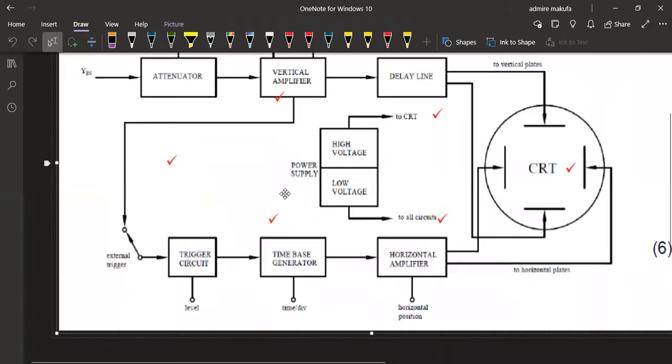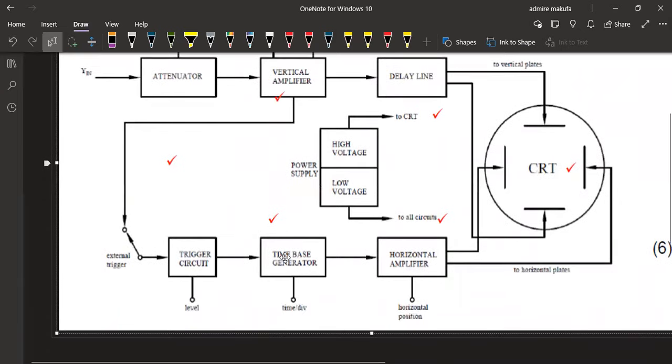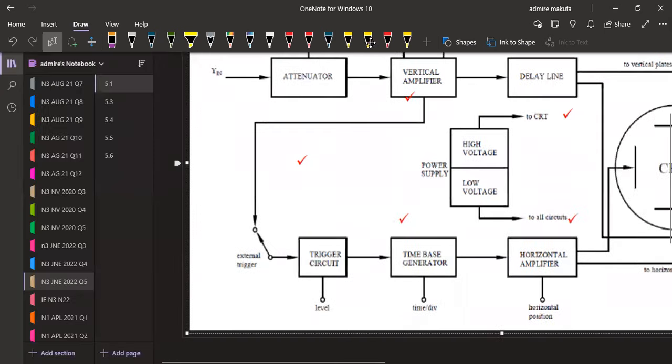Here we've got our V, which is voltage, then the attenuator, then the vertical position, the delay line. What is important here is the time-base generator and the trigger circuit, and also the supply to all circuits, and the power supply to the CRT, that is the cathode ray tube. These are the major points that you're supposed to indicate on your diagram in this case.